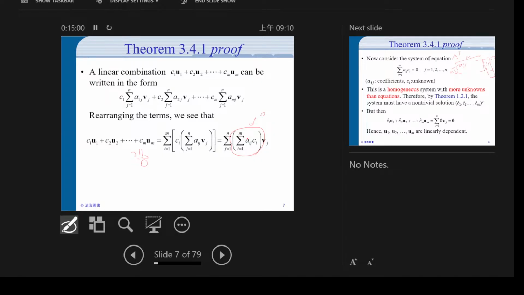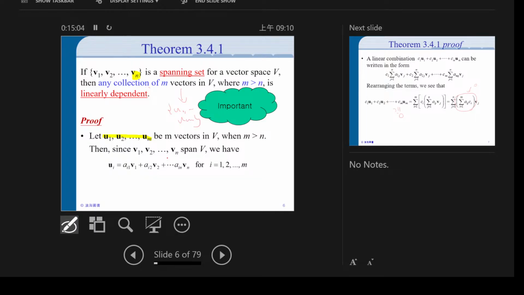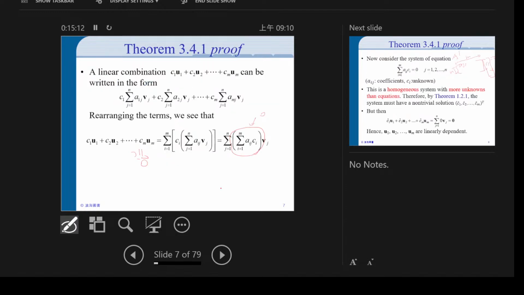Here we use the fact that V is a spanning set. So we have a sum over coefficients of Vj, and we want this to be the zero vector.